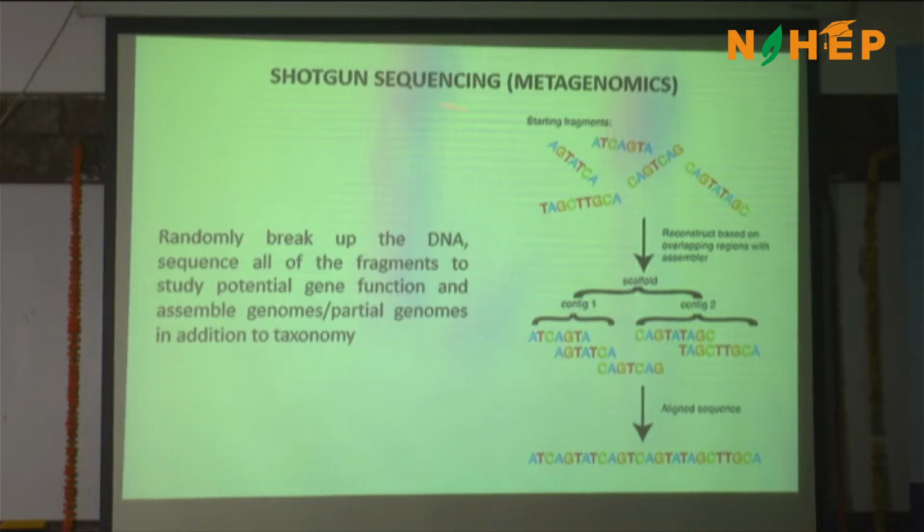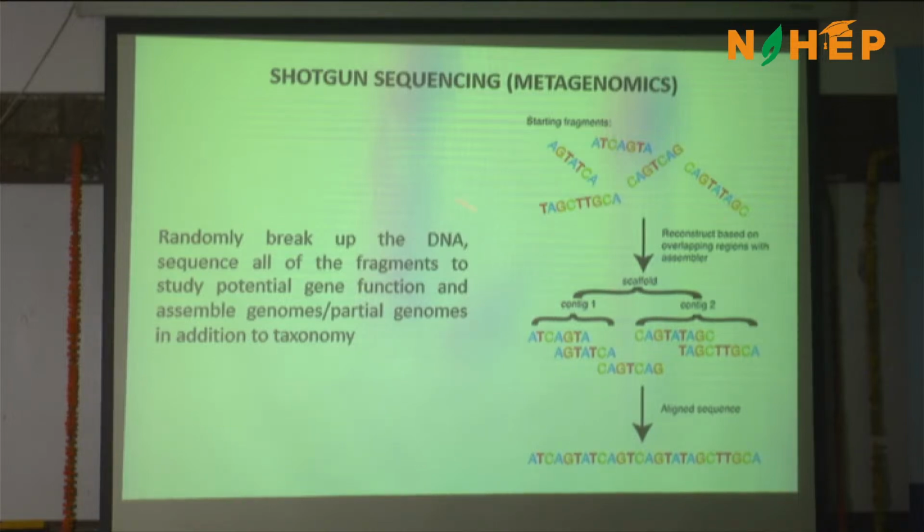Now we are going to do shotgun metagenomics, so we sequence everything that is in the environment you are working with. How do we do it? We randomly break up the DNA, we sequence all fragments, and then we go for the next step, studying the potential gene functions and assembling genomes and so on. We are going to be looking at that today.